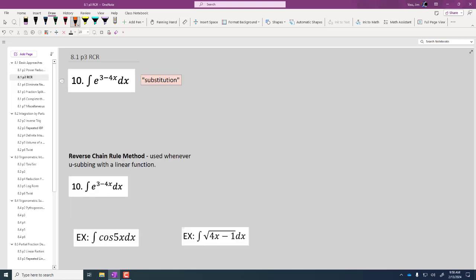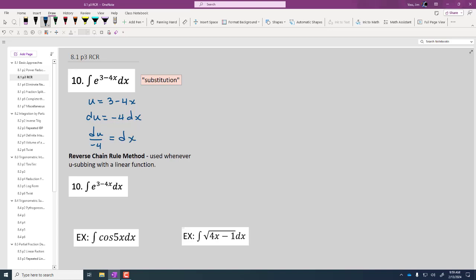Okay, so we just did an RCR. Let's just refresh. We talked a lot about this already. This is how you would do it in Calc 1 in the last couple weeks of the semester. You say, oh, substitution, it's the only technique I know. So you're going to let u equal the exponent. You're going to take the derivative of both sides. You're going to isolate the dx.